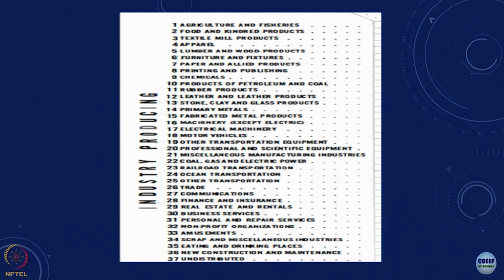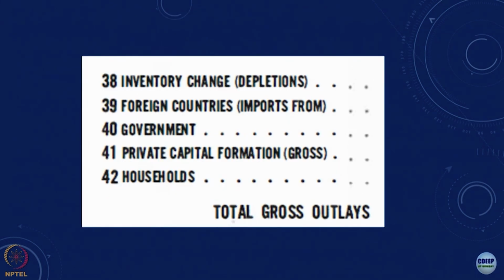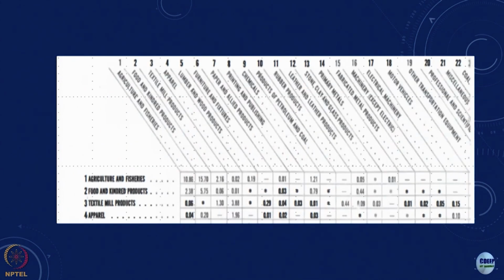Each of these sectors is the I which we are talking of. From each sector, the agricultural products are used in the other sectors, and those transactions are represented in this matrix. And then we also talked about the final demand: foreign countries, government, households, and private capital formation.